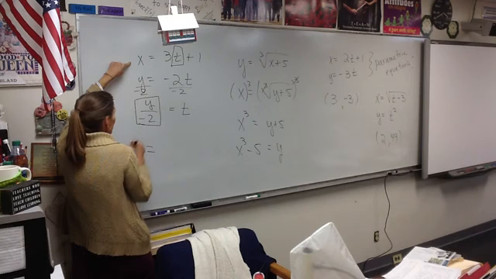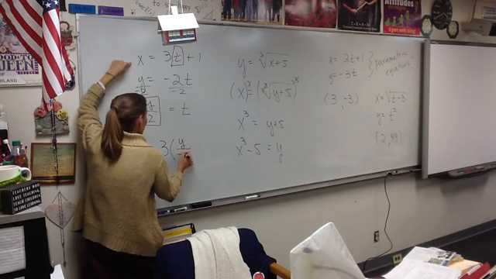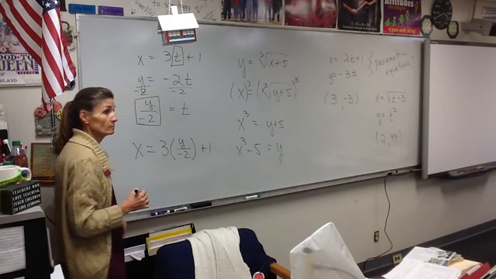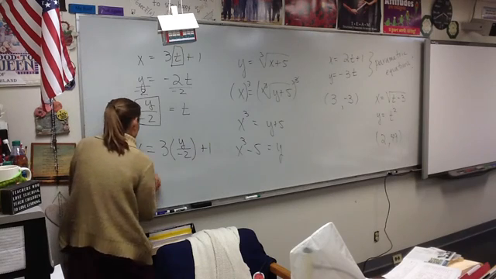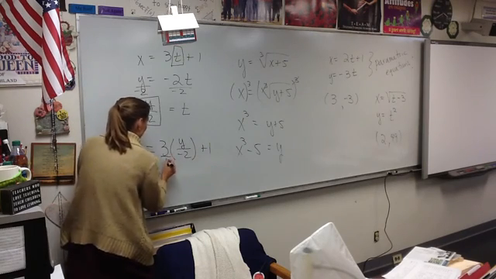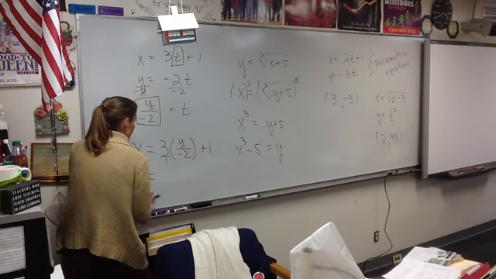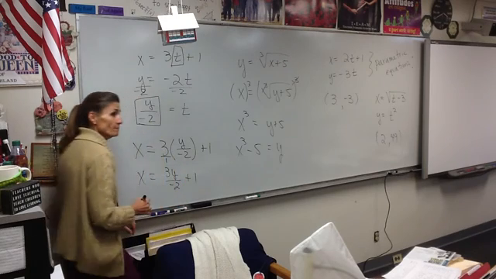So my equation will look like x equals 3 times y divided by -2 plus 1. So x equals, okay, now this is 3 over 1, so what is that going to look like when I times that together? 3y over -2 plus 1.